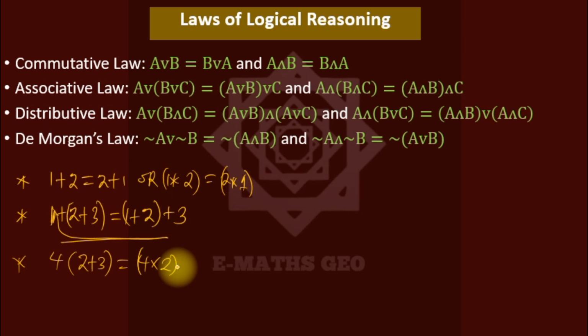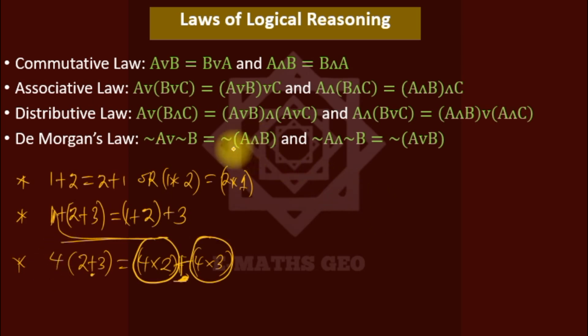The first one, the one before this one, is associative. So learn that. In associative, the sign is the same, it's constant. But in distributive, you change the operation. The operation must be the same if it's associative, but in distributive, you must change. So that's what this law is saying.